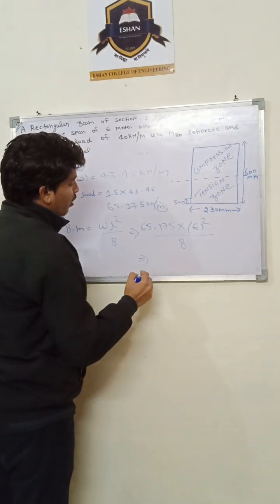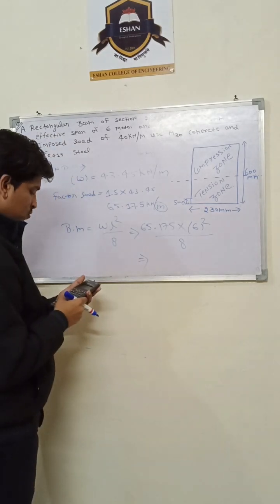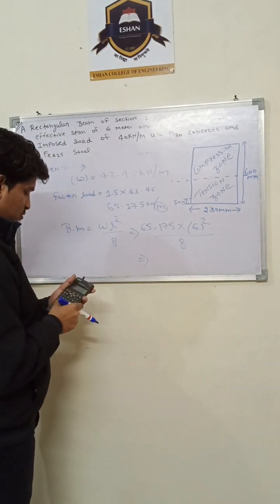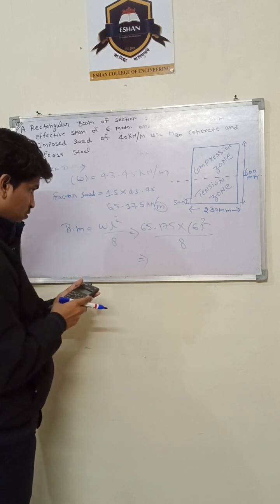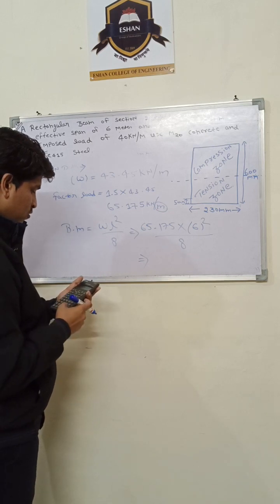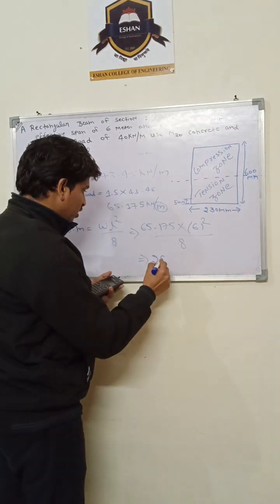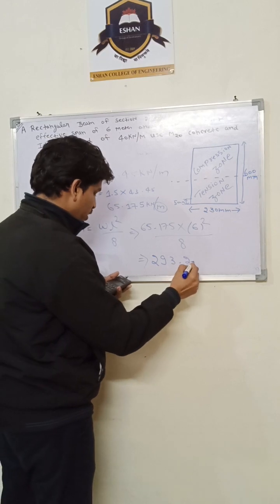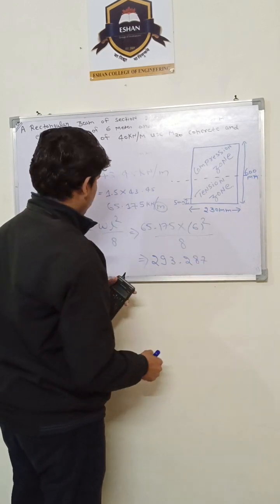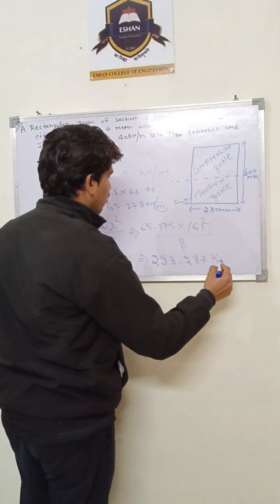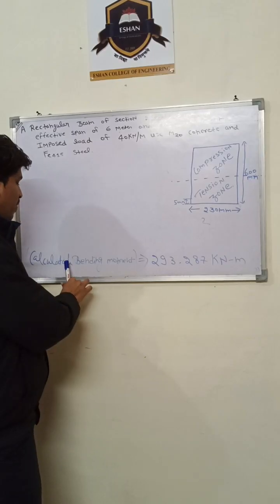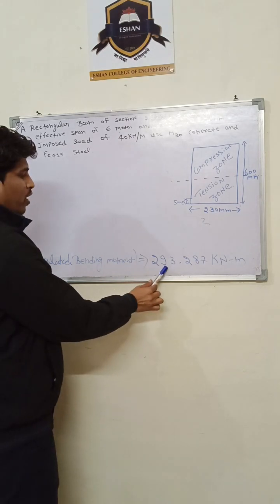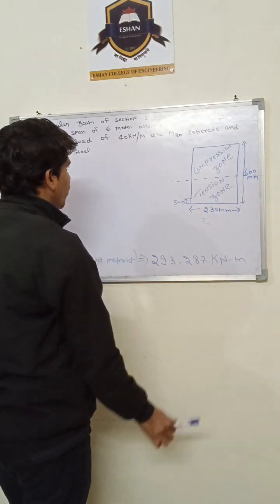When you calculate this value, you get 293.287 kilonewton meter. This is the value of the calculated bending moment, which is 293.28 kilonewton meter.